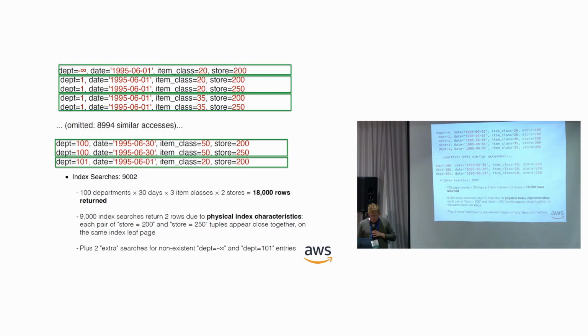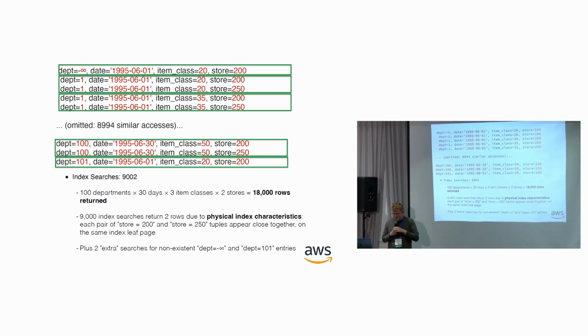So the next page shows the actual physical accesses we're doing. There's 9,002 distinct index searches here, as indicated by explain analyze. You can work it out here. There's 1,800 rows returned. This is pretty synthetic data, so it's 100 departments, 30 days, 3 item classes, 2 stores.